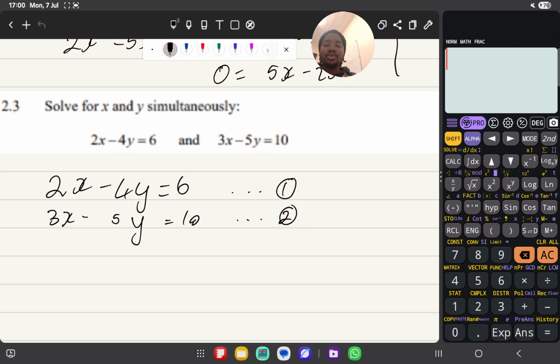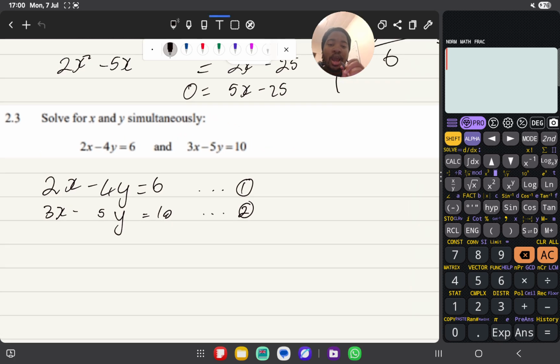But for those who want to try the substitution method, I want to show you something that will make your life easier. Here you can say you have 2 into x minus 2y equals 3, equals 2 times 3, right?